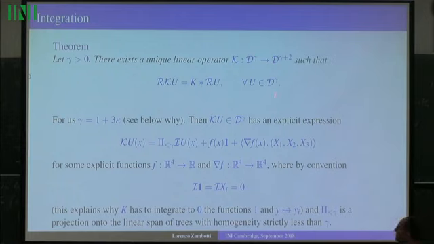So I can just truncate my expansion up to level gamma, and I am again in D gamma. This is a small exercise: if you truncate an expansion in D gamma plus 2 to level gamma, then you are in D gamma.